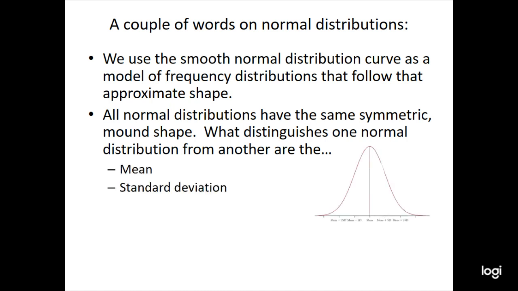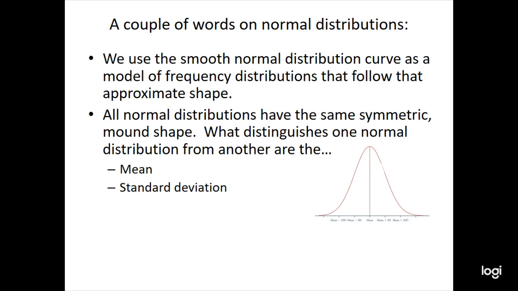The mean is the center of your normal distribution, and the standard deviation tells you how spread out your data set is. A small standard deviation will give you a skinny and tall normal curve, and a large standard deviation will give you a short and fat one.